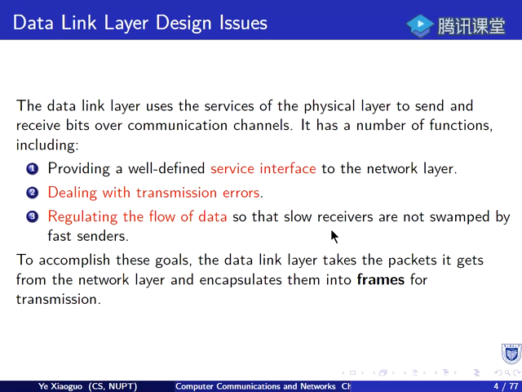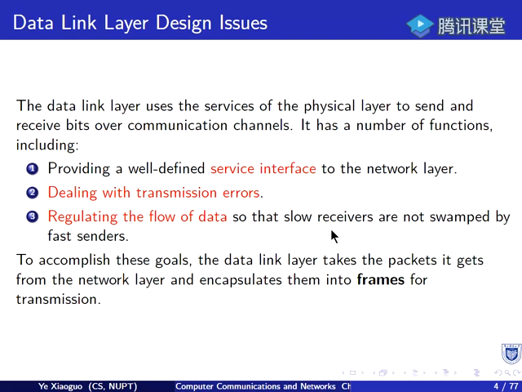The data link layer has a number of functions, which are also its goals, including providing a well-defined service interface to the network layer, dealing with transmission errors, and regulating the flow of data so that slow receivers are not swamped by fast senders.